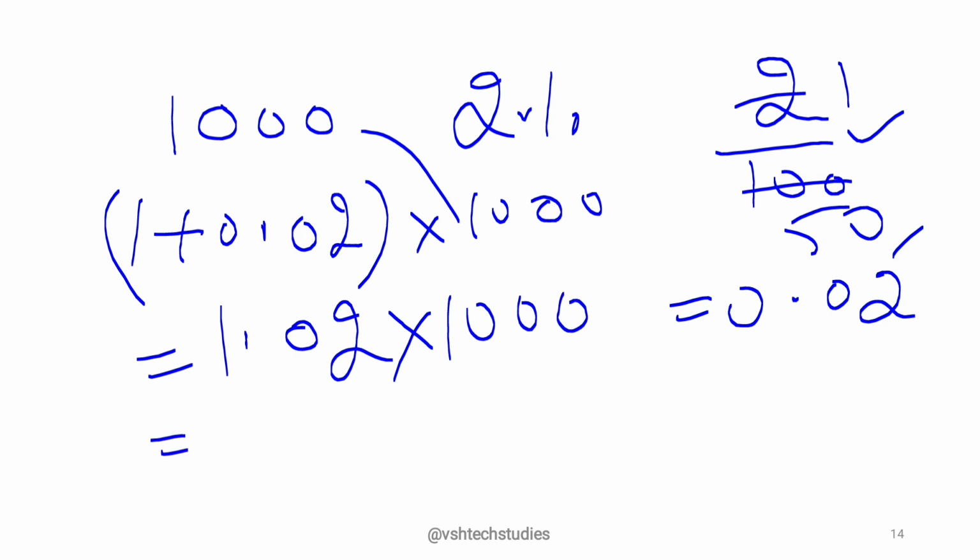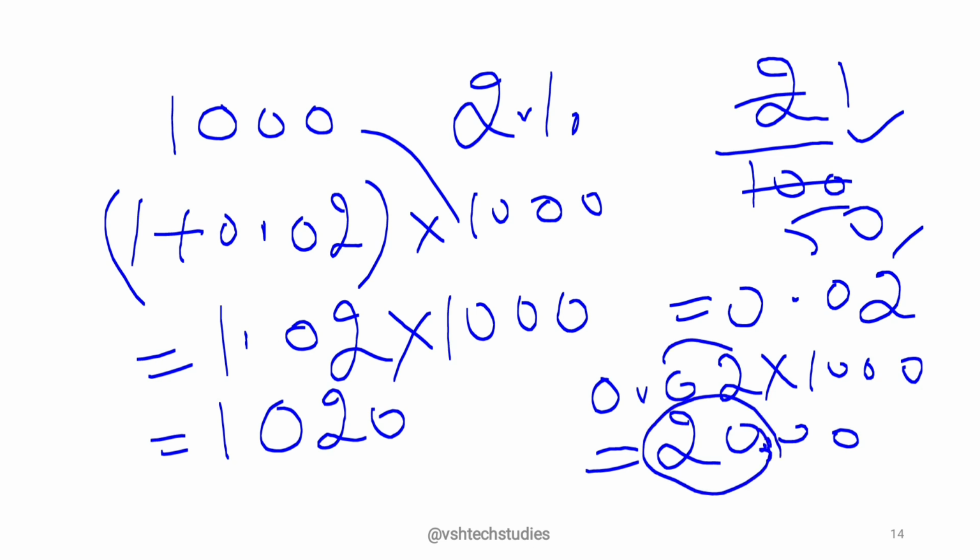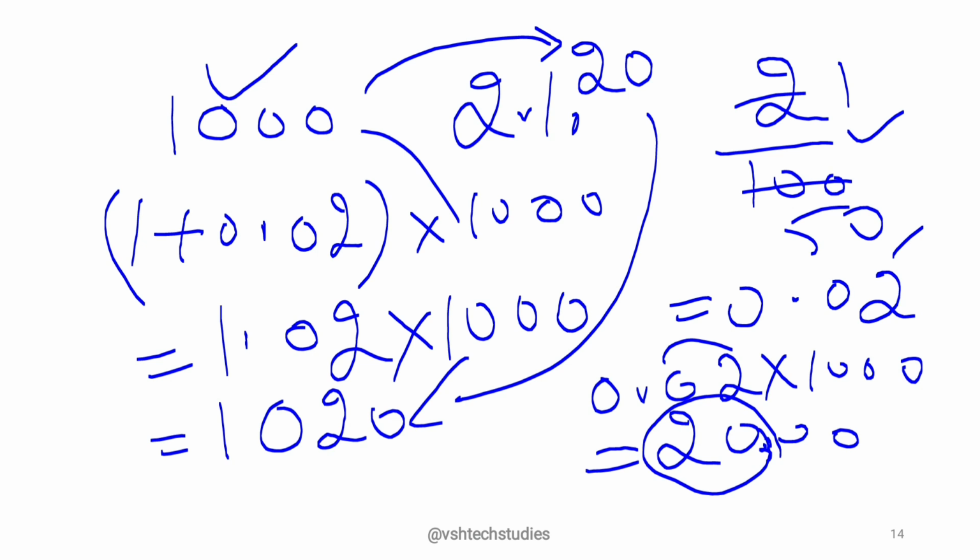Now it becomes 1020, because 0.02 into 1000 is the increased value: 2 as it is, then leaving 2 decimal places, it becomes 20. That 20 is added to the original value. The original value is 1000, a 2% increment is 20, so the final value is 1020.